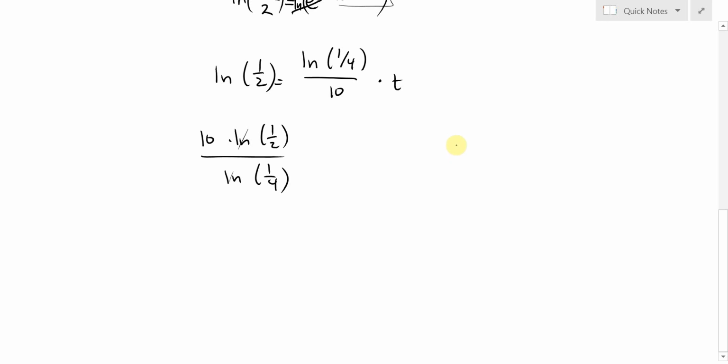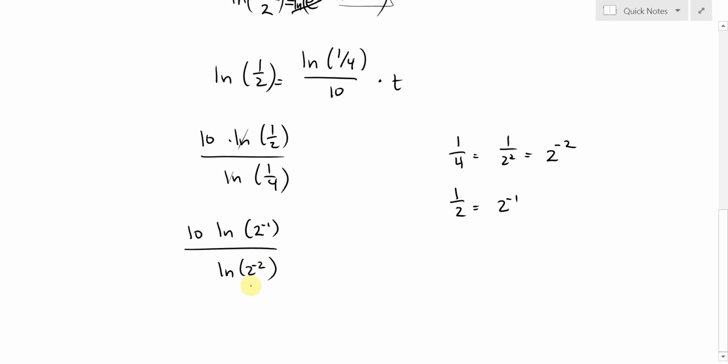Okay, but what you can notice is, hey, wait a minute. A fourth is really just 1 over 2 squared, or you can think of that as 2 to the negative 2 power, right? The negative means 1 over, and it's 1 over 2 to the 2. Whereas 1/2 is even easier. That's just 2 to the negative 1 power. So this is really just 10 times ln of 2 to the negative 1 over ln of 2 to the negative 2.